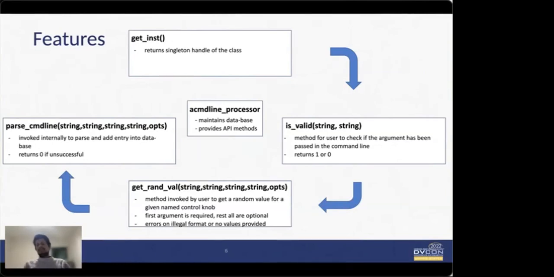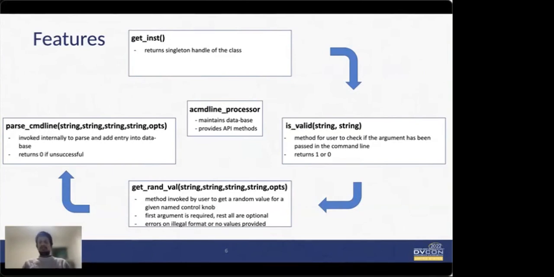Next thing is the isValid method. If you look on the right side of the screen, it accepts a string. So remember, the command line arguments do not replace constraints. They just enhance the ability for users to shape the traffic over the default constraints, right?